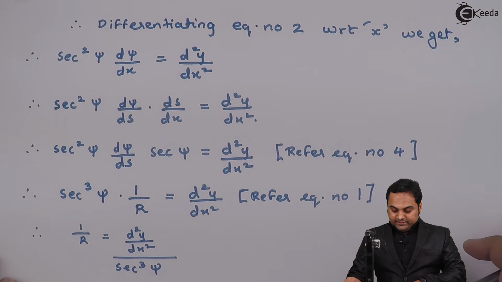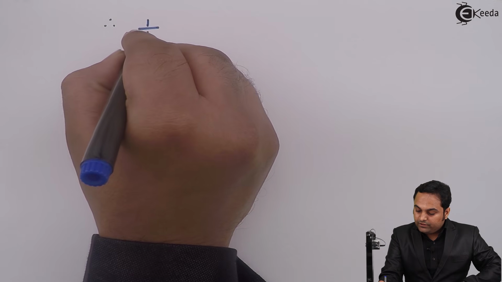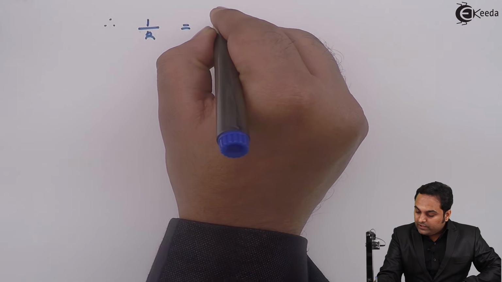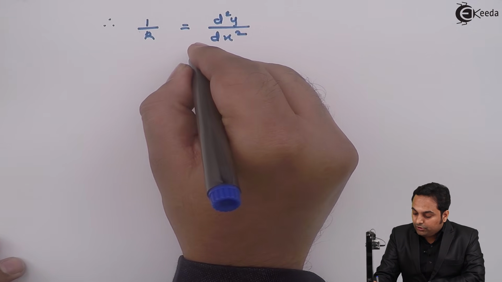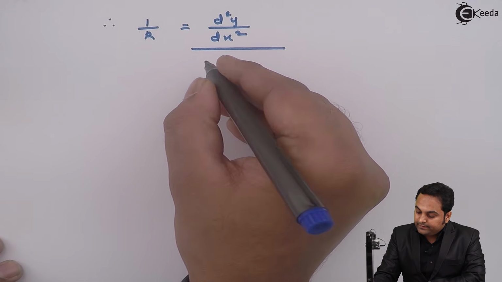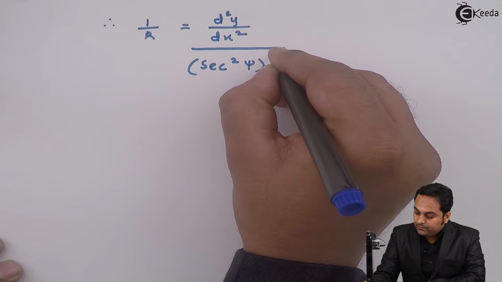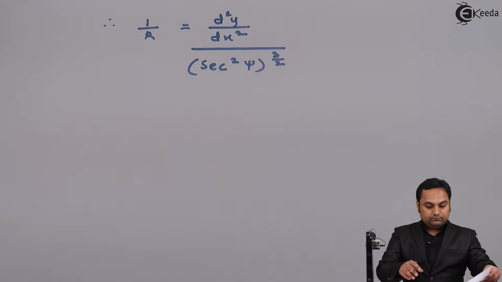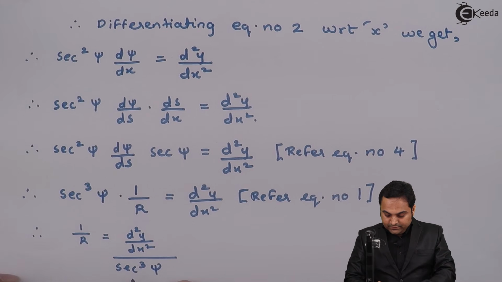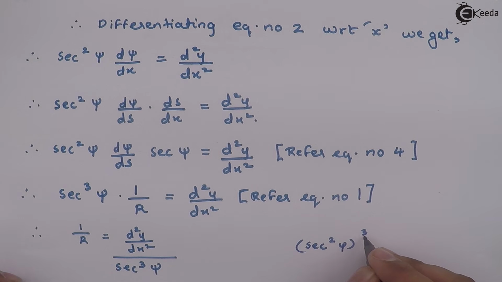Next I'll write it in another form. So 1 upon r will remain as it is, d square y by dx square will remain as it is. Next, in the denominator I can write that as sec square psi, bracket raised to the power 3 by 2. Here what I have done is, sec cube psi can be written as sec square psi raised to the power 3 by 2.